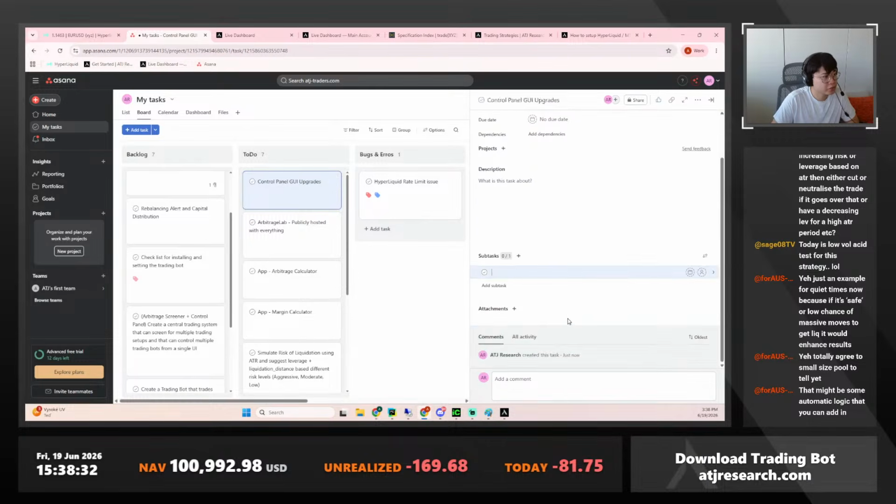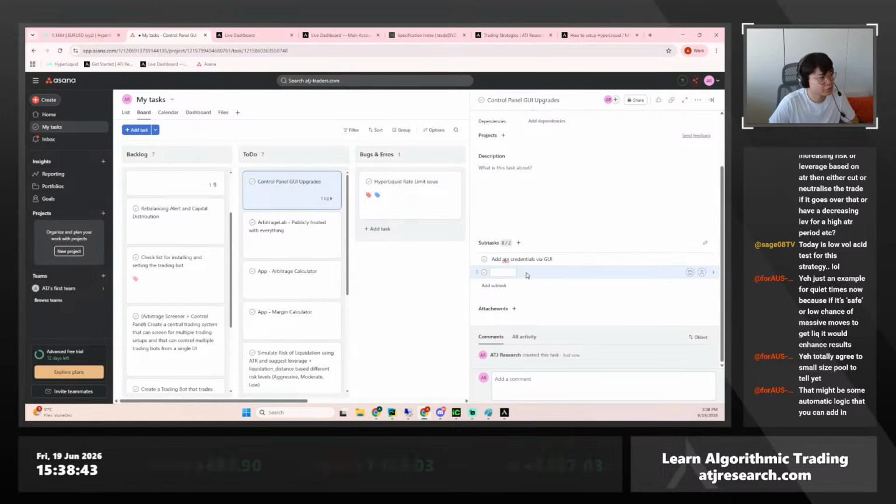What we need to do is add API credentials via the graphical user interface. That's one thing I will do later. And then strategy settings verification, so we want to make sure that the values we put in are correct.